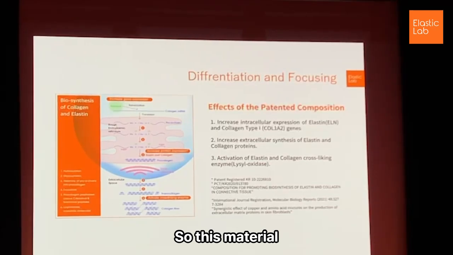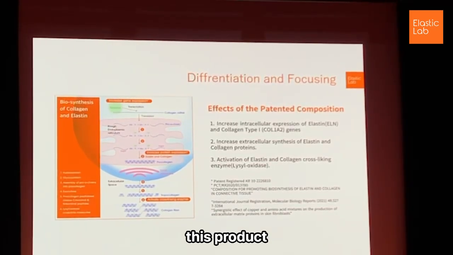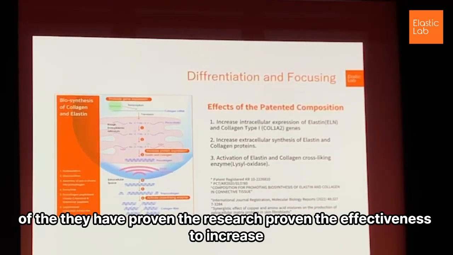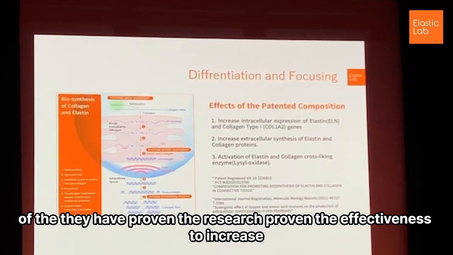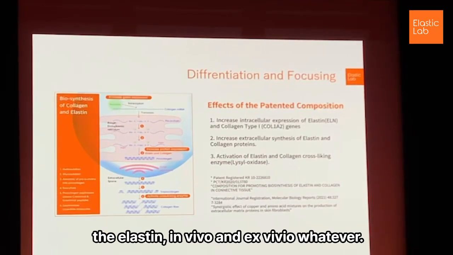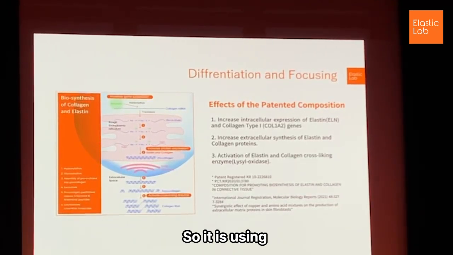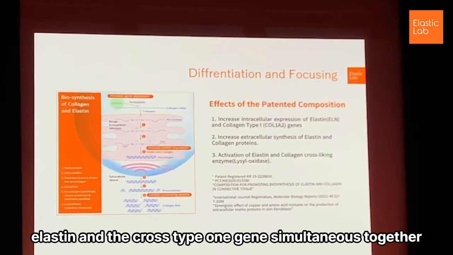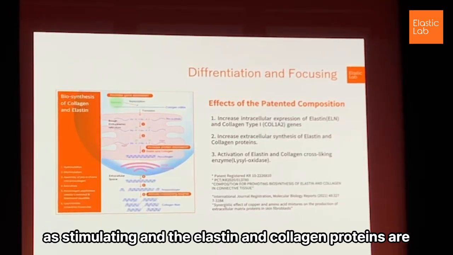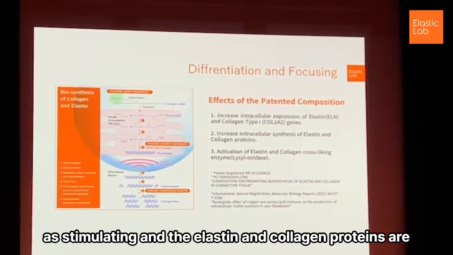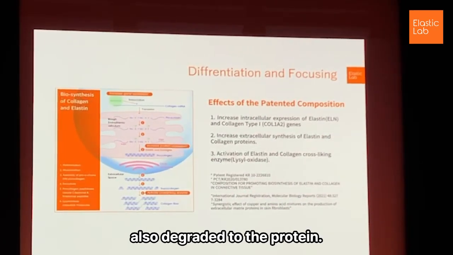This product is insisting that they have research proving the effectiveness to increase the elastin in vivo, ex vivo, whatever. It is using the elastin and the collagen type 1 gene, stimulating them simultaneously. And the elastin and collagen proteins are related.